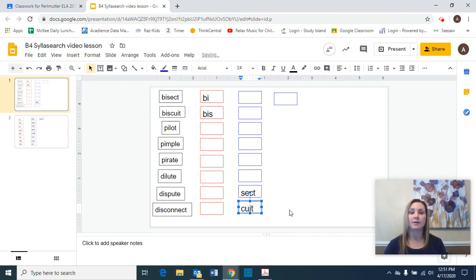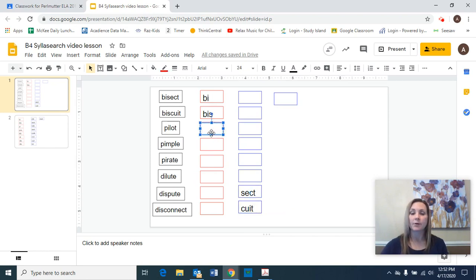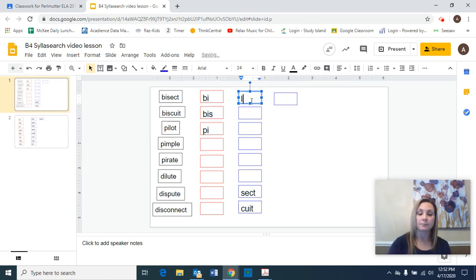C-U-I-T. Good. All right, let's look at pilot. Say pilot in your head. Let's break it up into syllables. How many syllables are in pilot? 2 again. What are the letters that make up the first syllable? P-I. What letters make up the second syllable? L-O-T.